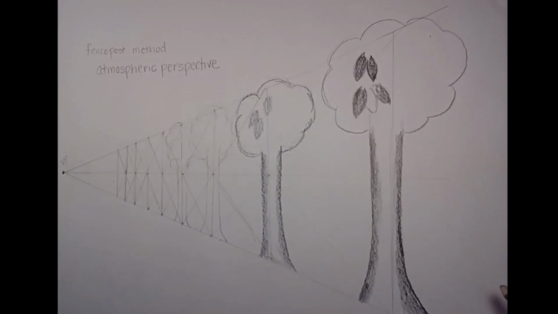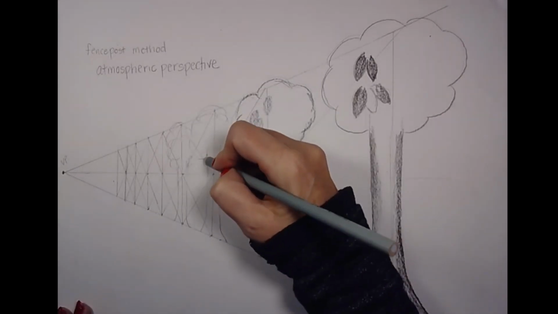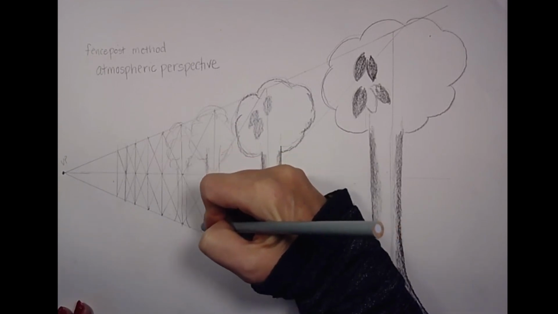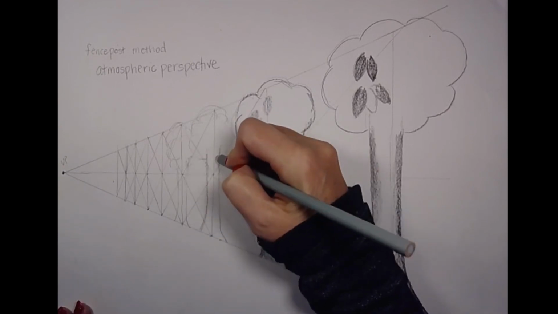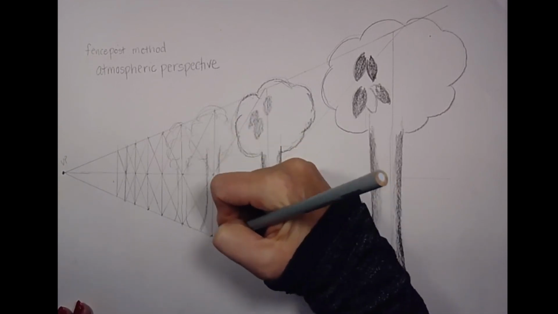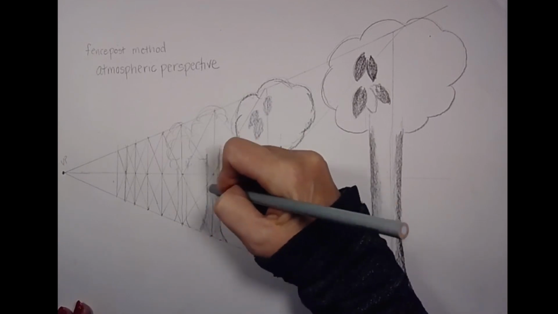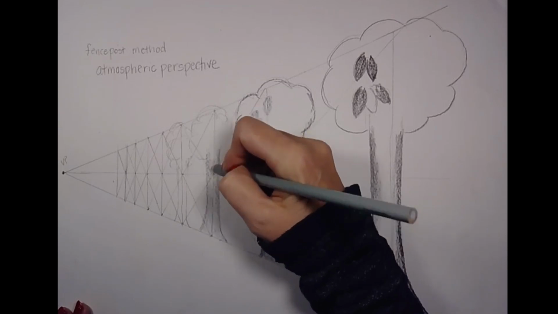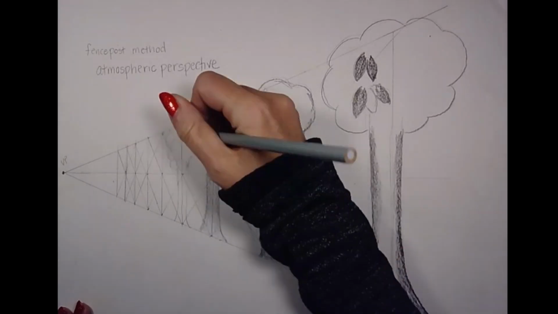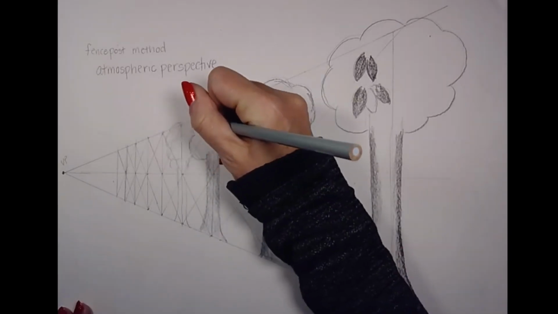And I did that on purpose just to not make them have as detailed of an outline. Then I'm going to use a lighter gray here. When you get really far into the distance, the trees will seem blurry.